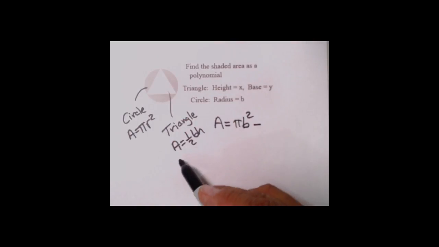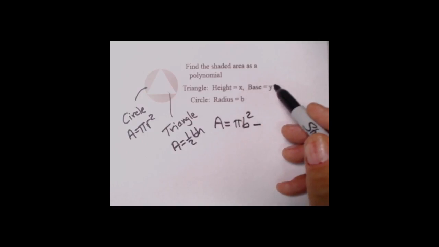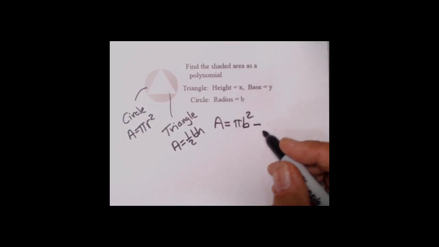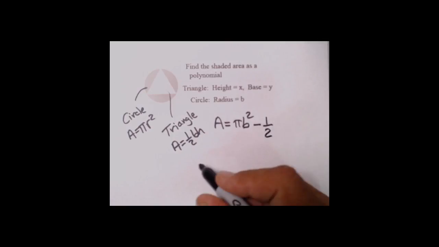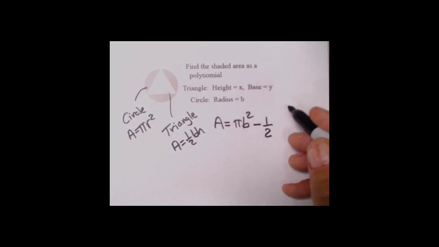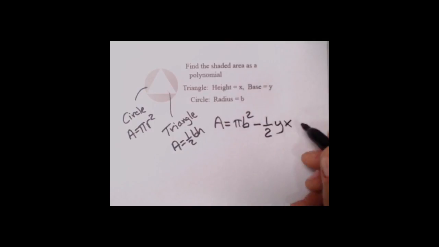Here's the formula for the triangle, but they tell us to use x for the height and y for the base. So we're going to be subtracting out 1/2, but the base we write as y, and the height we write as x. There's our polynomial right here.